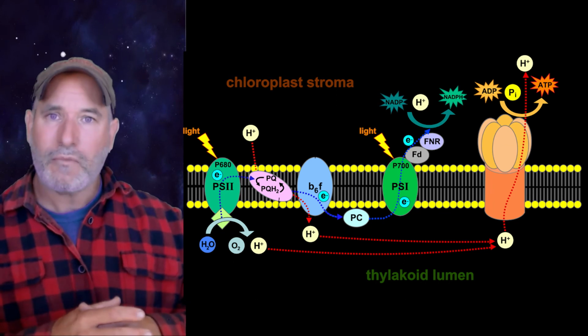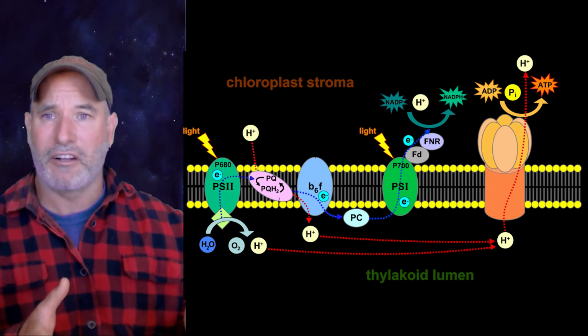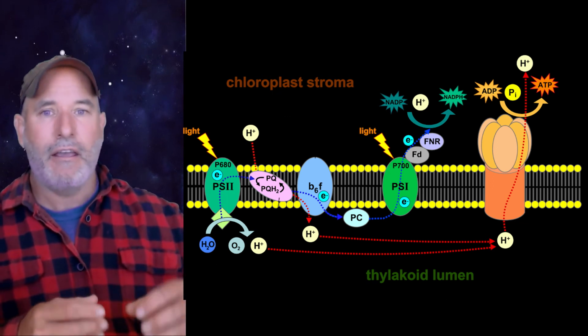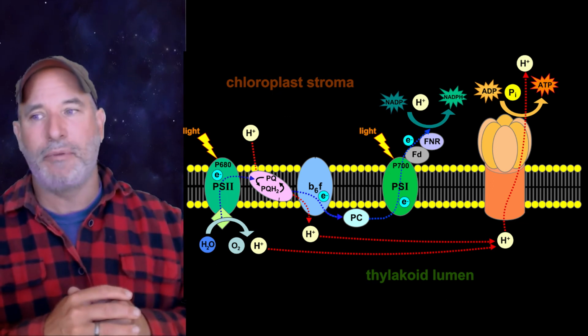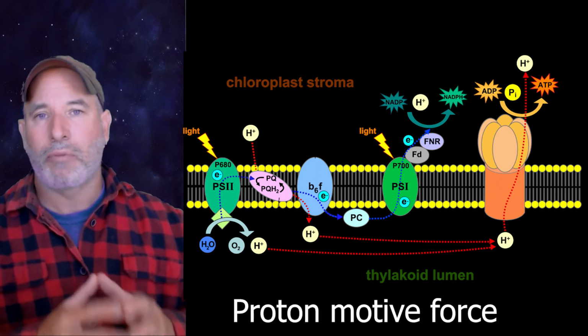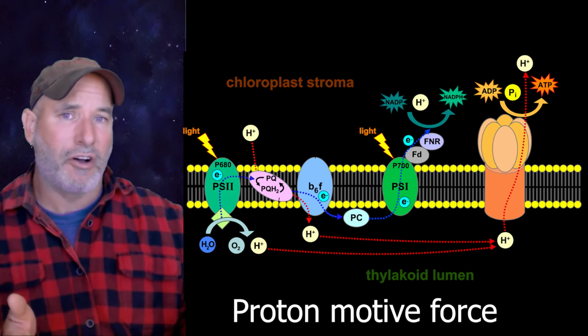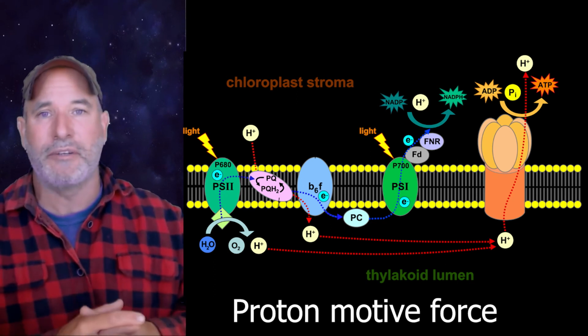And then the protons, they can't flow through cellular membranes very well, right? So what they do is they push their way through ATP synthase in a process called proton motive force. Protons moving with force. It's also called chemiosmosis because chemiosmosis means to push.